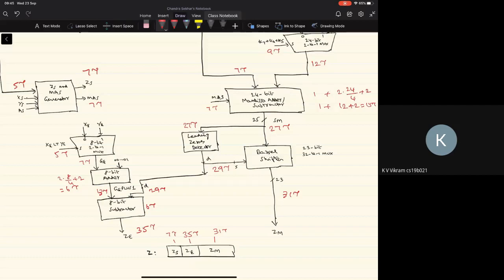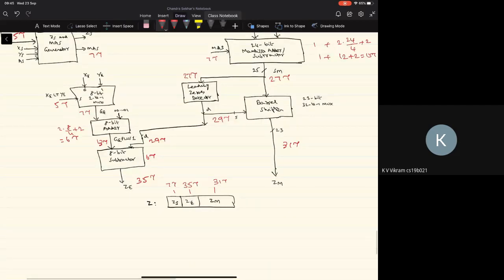So the overall delay of the circuit is actually 35 tau. But in principle, when you implement the whole circuit, depending on the fan-ins of the gates that are used, and depending on how this leading zeros detector, which is basically a priority encoder, is implemented, the delay can be even more than this.